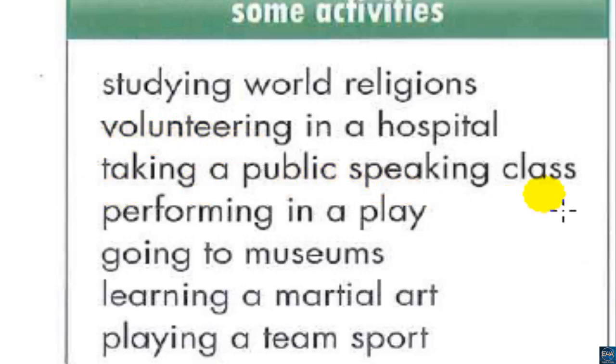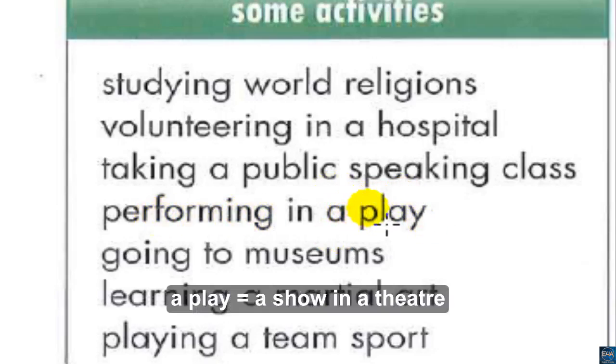Taking a public speaking class. Speaking, I can say speaking. Taking, taken. In English, when I have ing, I make the G silent at the end in speaking. Taking a public speaking class. Performing in a play. To be an actor in a play. A play here, a show in theater.